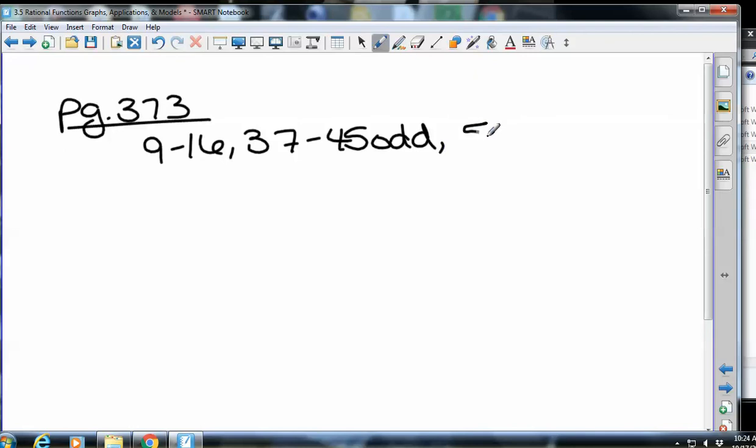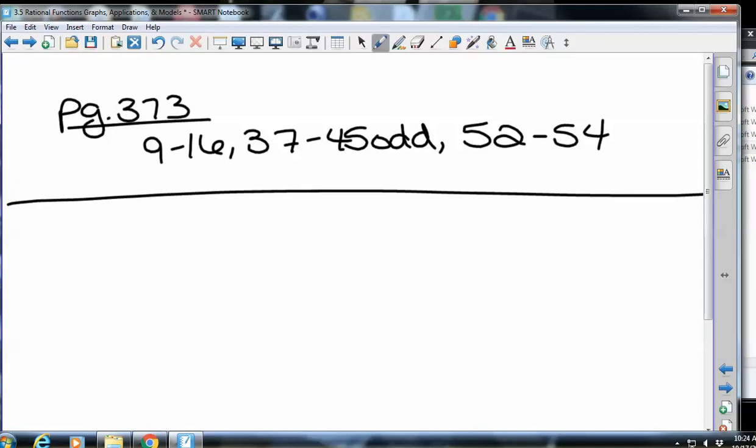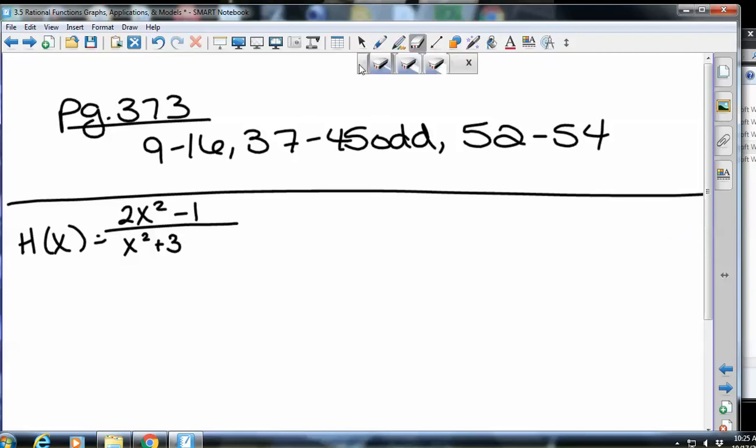The vertical, you would have a vertical on every problem. I just really didn't ask for it. So, let's say I gave you this one. And if I said find all asymptotes.